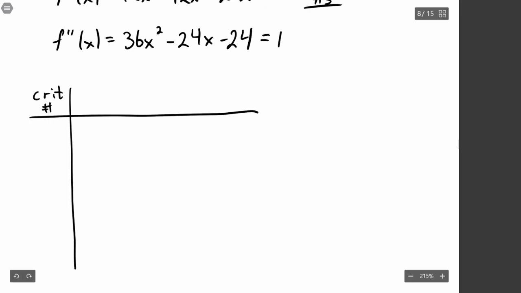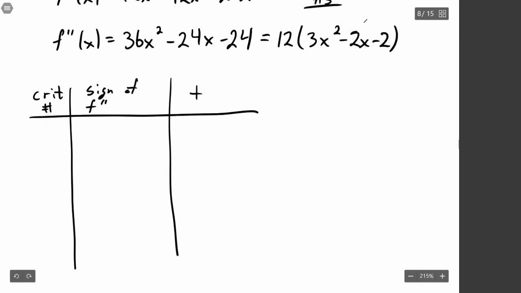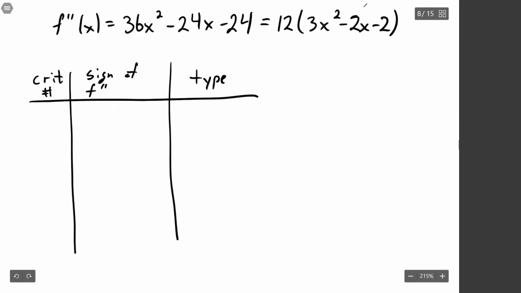But what we can do is factor out a 12 if you want. This will be 3x squared minus 2x minus 2. So here we're going to put the sign of f double prime, and the critical numbers were minus 1, 0, 2. So let's just plug this stuff in.